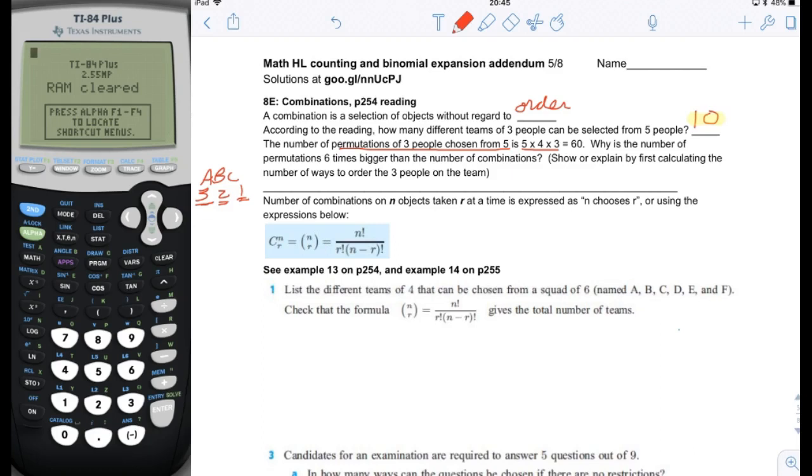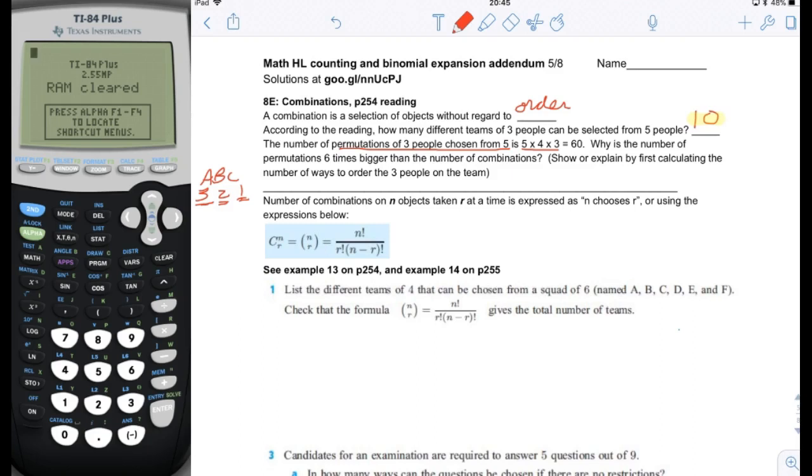There are 6 ways to order the letters A, B, and C in 3 different positions. So since every time you draw 3 different people out of the group of 5 there are 6 ways to order those people, there are going to be 6 times as many permutations as combinations, since in combinations order doesn't matter.